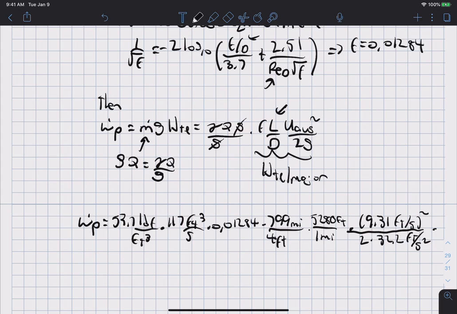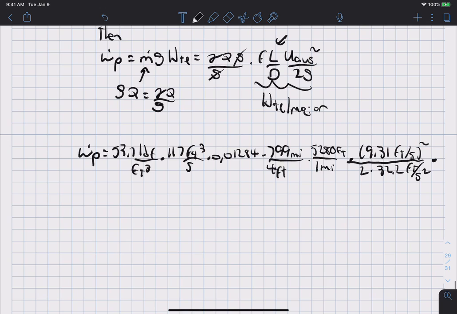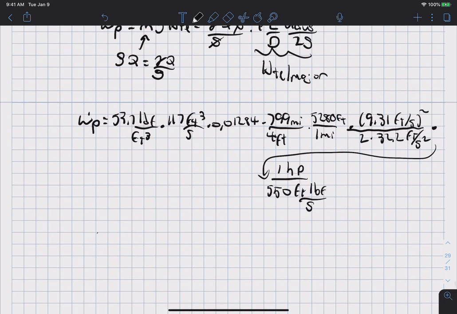And then I'm going to multiply this by a conversion factor, that 1 horsepower is equal to 550 foot-pound force per second. Okay, and so we get that the pumping work is equal to 208,200 horsepower.